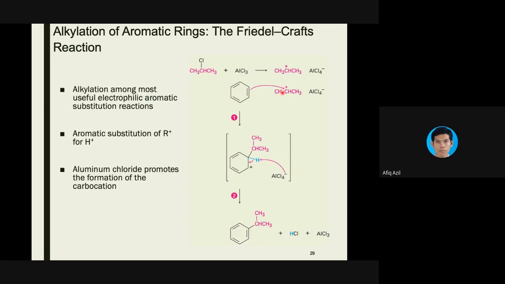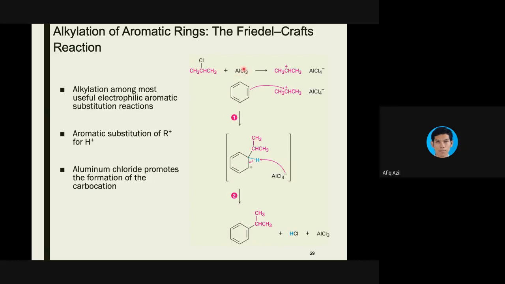So the starting material that you need is actually an alkyl halide. What you have learned last semester, where you encountered a lot of alkyl halides in a few of the topics. So this is the alkyl halide, and the catalyst that you will be using is aluminium chloride, AlCl3.